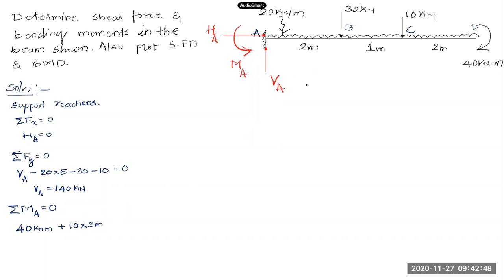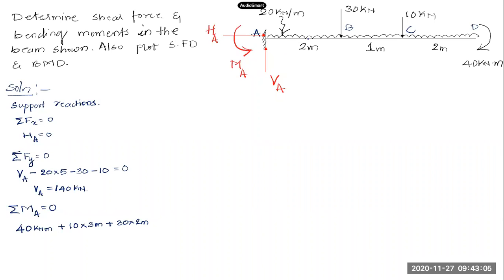And due to the concentrated load of 30 kilonewton, plus 30 into 2 meters. Both of them have clockwise moment about A, so that's why I have taken them positive here.